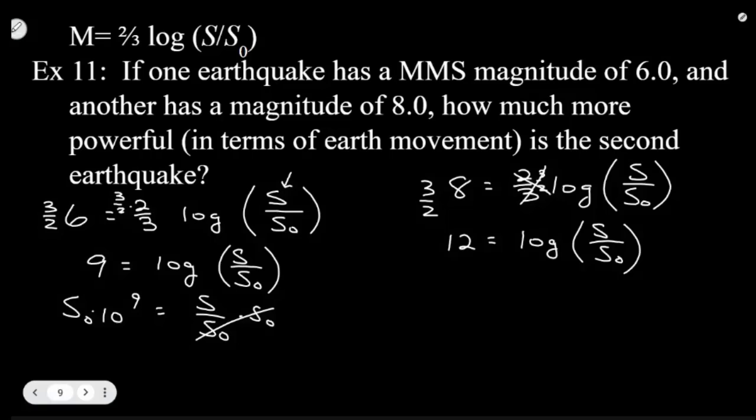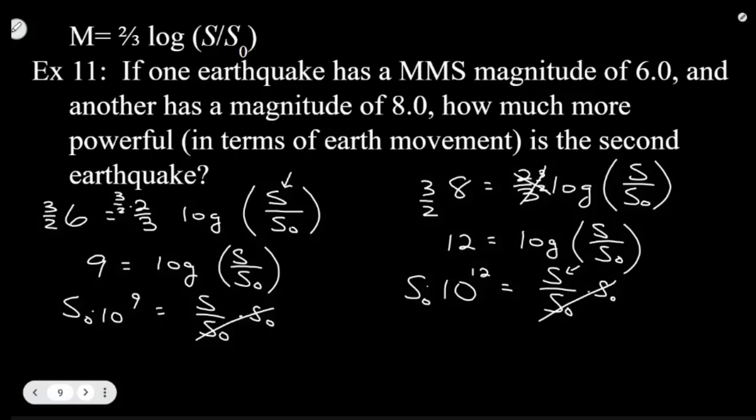You guys can help me this time. Yeah, rewrite it in exponential form. And so how would we do that? And again, since we're trying to get that S by itself, we're going to multiply by S sub 0. Since S sub 0 is a constant, it's the same value all the time.